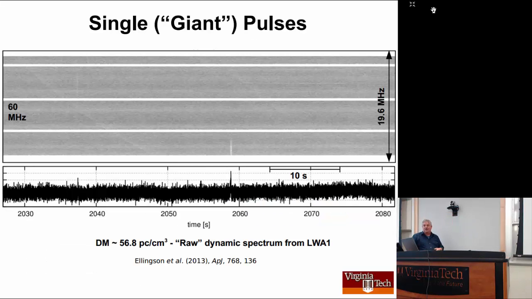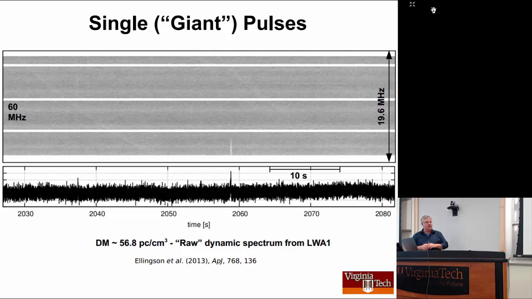Okay, so there's pulsars. Now we go to single pulses. So it turns out some pulsars just produce the regular pulsar emission, the lighthouse emission, but then every once in a while, for reasons which nobody knows, they produce spectacularly bright versions. So for example, this is one of my favorite pulsars here, known as the Crab pulsar, because it's in the Crab Nebula.